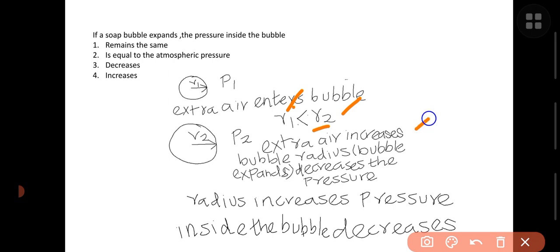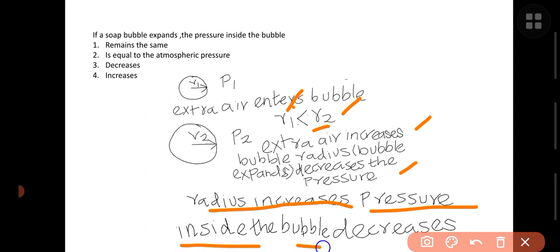Extra air increases the bubble radius, that is the bubble expands, and decreases the pressure inside the bubble. So when the radius increases, pressure inside the bubble decreases.